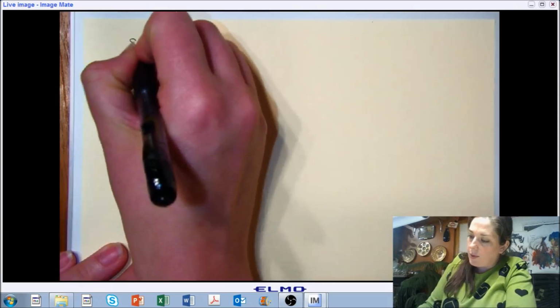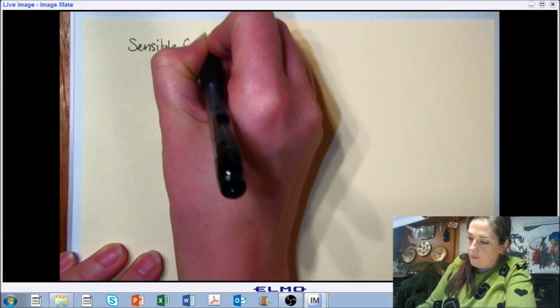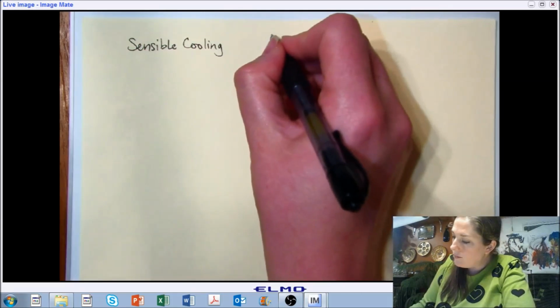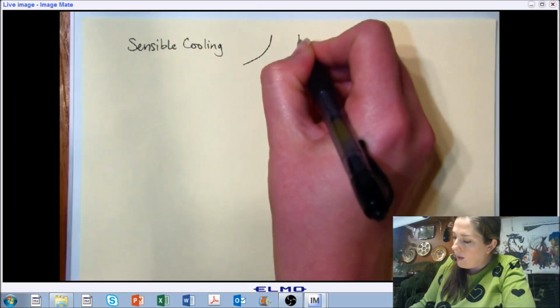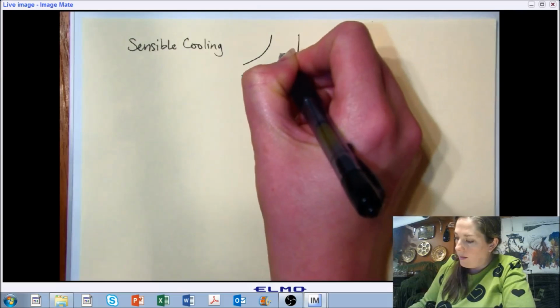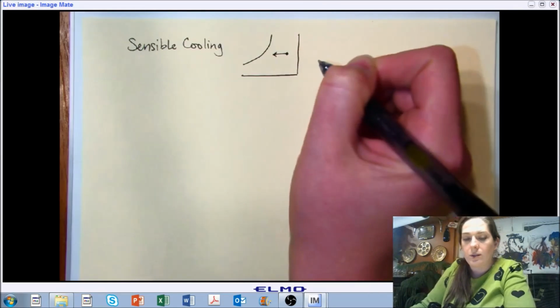So sensible cooling looks very much the same as sensible heating, except we start at a point and we move the opposite direction, so we're cooling.